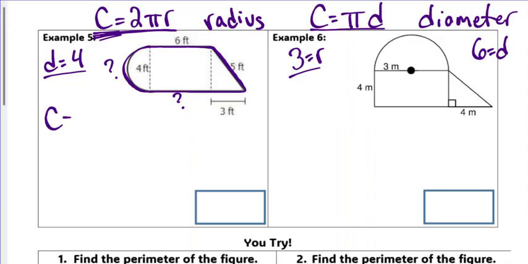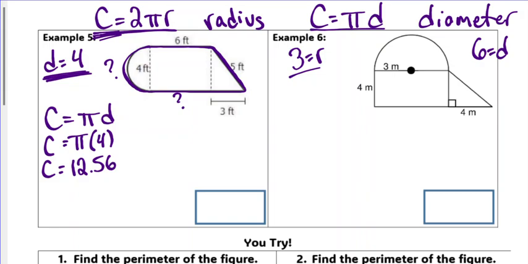So circumference equals pi times diameter. I'm just choosing to use that one because that's the information I'm given. I'm given the diameter there. So I do 4 times pi, which tells me that if I had the full circle, it would have a circumference of 12.56. I don't have the full circle. I only have half of that circle, so I divide that by 2.